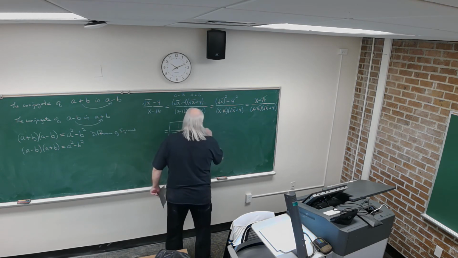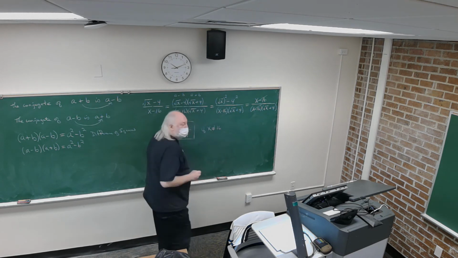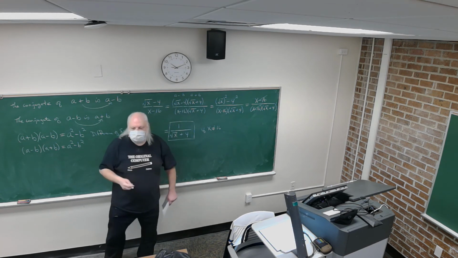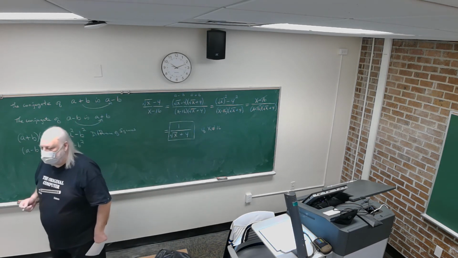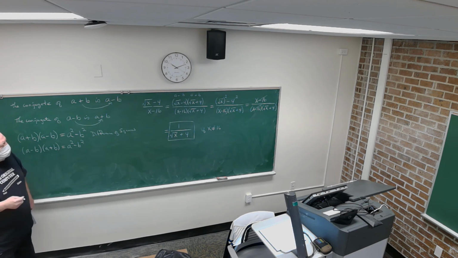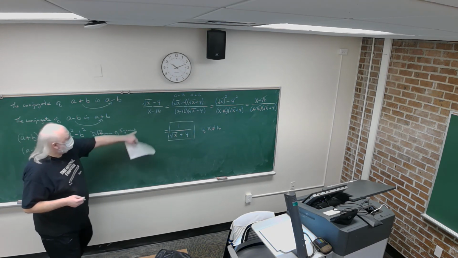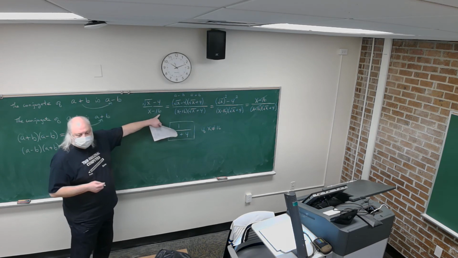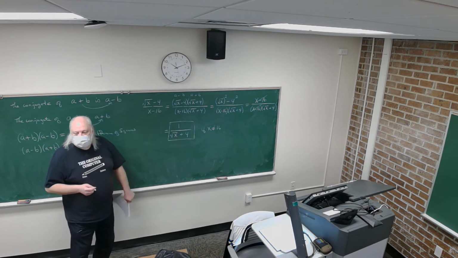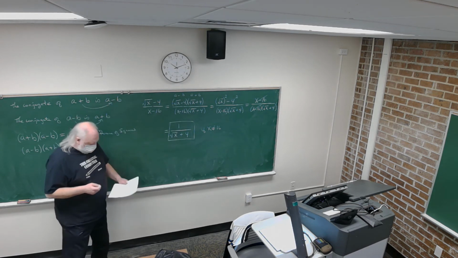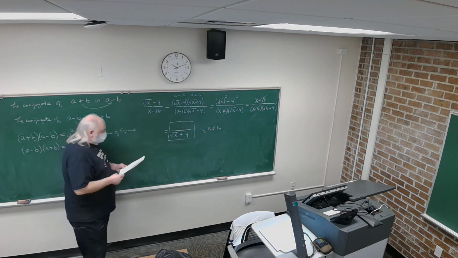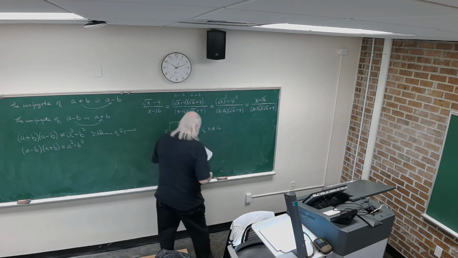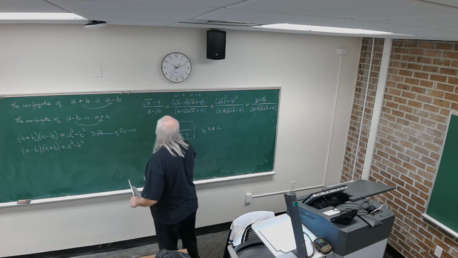You guys are a very reserved class. I've had other classes where everybody's shouting out the answer. Yeah. You put in 16 for x here, you get 16 minus 16, which is 0, and you're dividing by 0. You can't divide by 0. Okay? All right. Any questions on that?